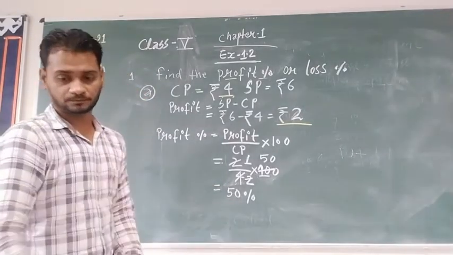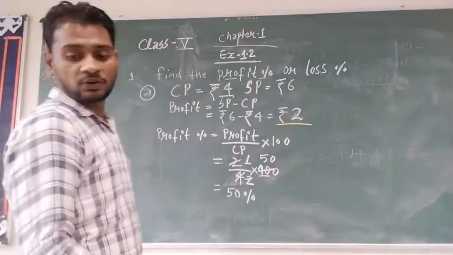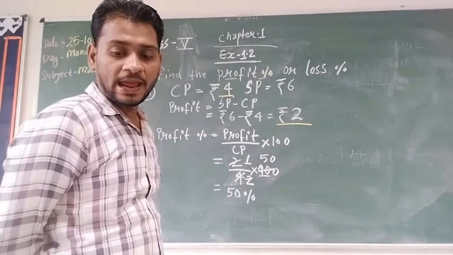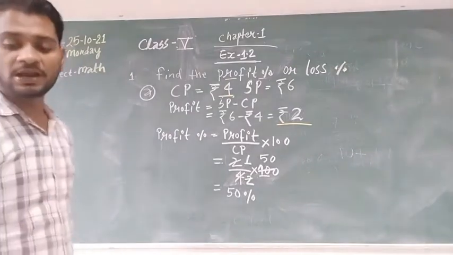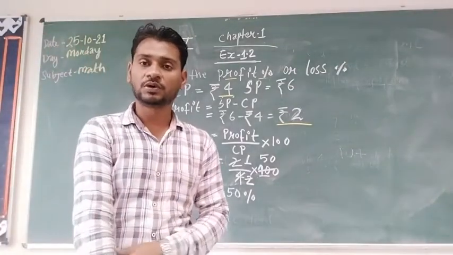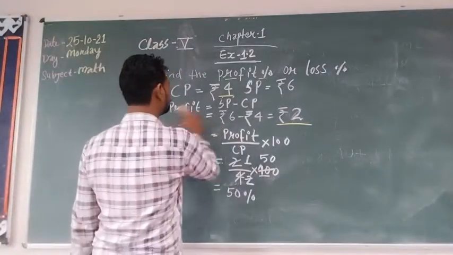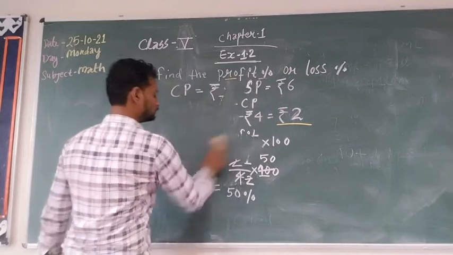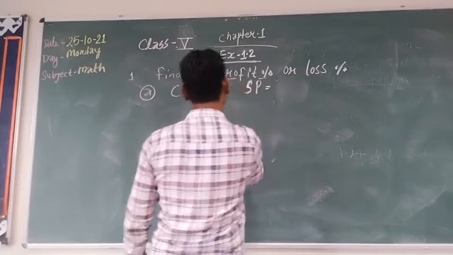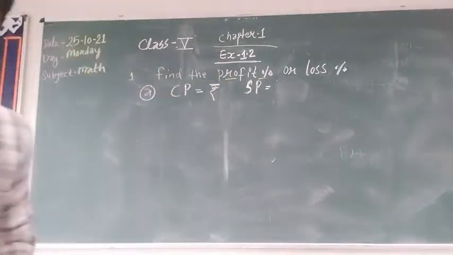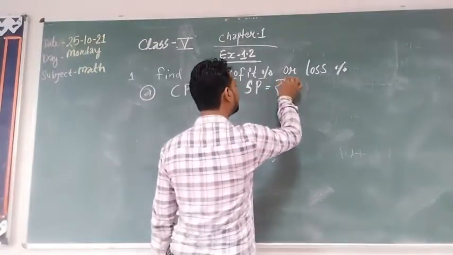I hope you all understand. Now we are moving to part B. In part B, the cost price is rupees 20 and the sale price is rupees 22.